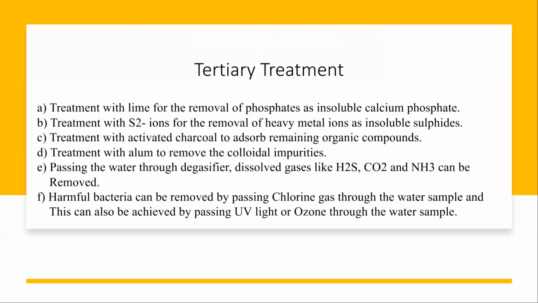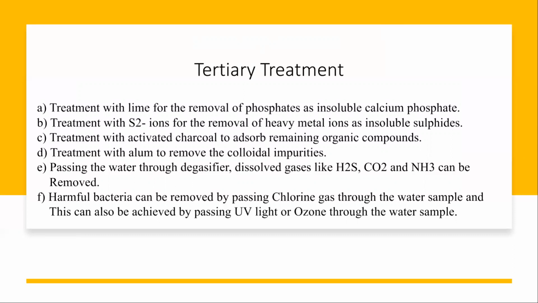And the sewage water can be treated with activated charcoal to absorb the remaining organic compounds, or further it can be treated with alum to remove the colloidal impurities. You can use either alum or ferrous sulfate to remove the colloidal impurities, that is, the fine impurities.